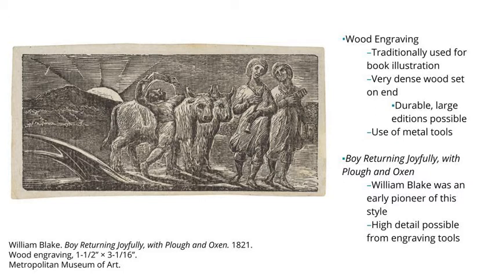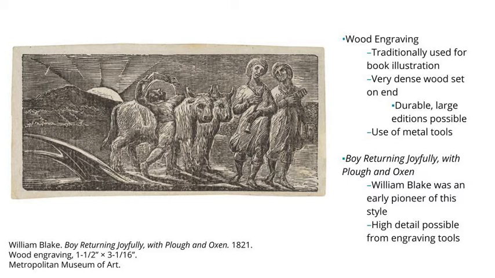So you're able to print in larger editions, which is great if you're trying to publish 5,000 books and they all need to have these prints on them. Also, people would use metal tools to more easily engrave onto the surface of the wood. That gave them more control over their lines and not have to really wrestle with a chisel the whole time.